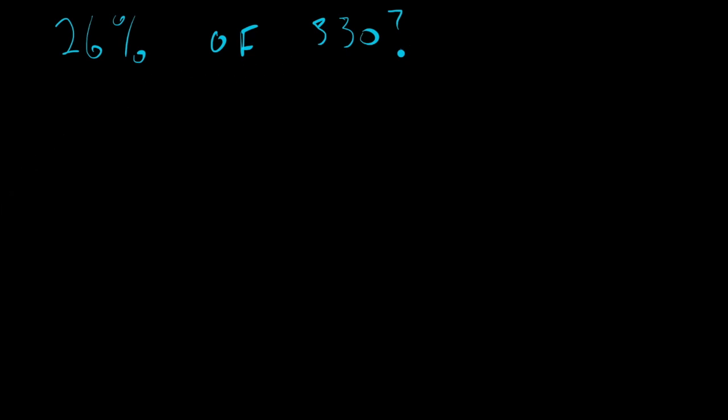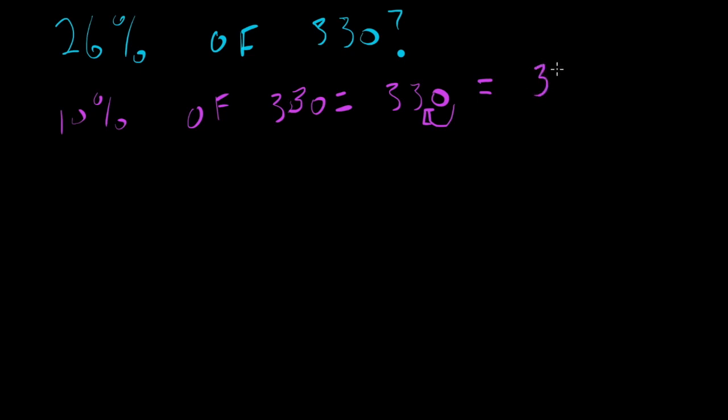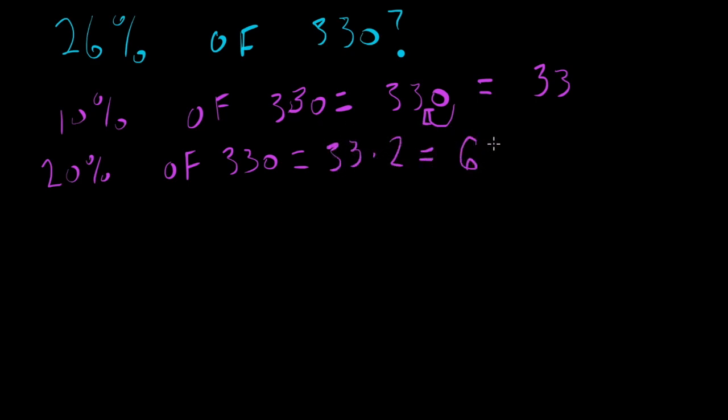Okay, so now let's work through this. 10% of 330 is equal to 330 with your decimal place moved once. All right, so that gives us 33. All right, so that means 20% of 330 is equal to 33 times 2, which is just 66.